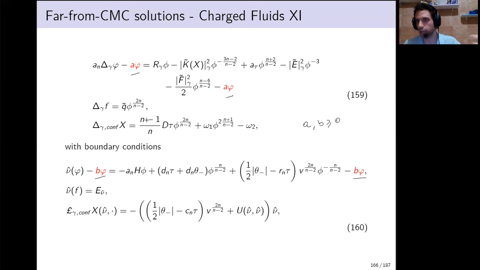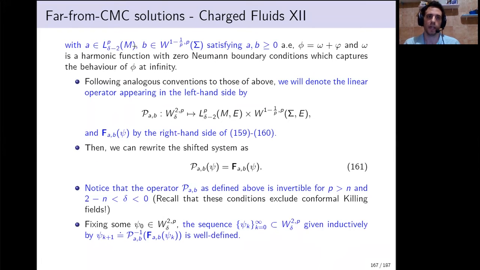And the idea is to extract a fixed point in this process. So we're going to analyze this shifted system, where, as we were saying, these functions are chosen so as not to spoil the isomorphism properties associated with the Laplacian with Neumann conditions, recalling our splitting for the conformal factor.